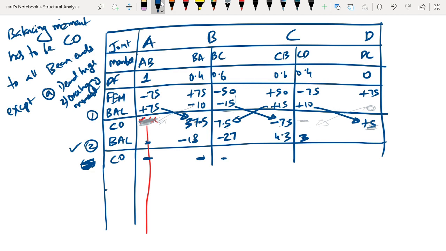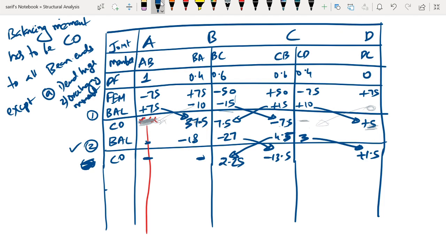Here we will be carrying over half of 4.5, which will be 2.25, and here we will be carrying over minus 13.5, and to this end we will be carrying over plus 1.5. So this is how we do the carryover.